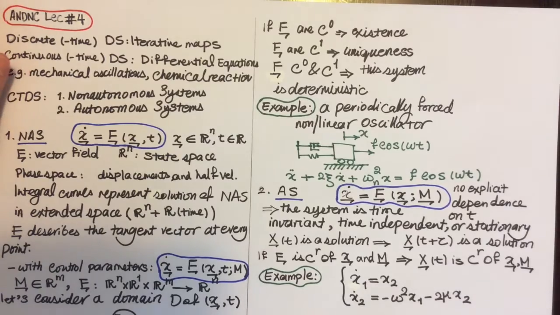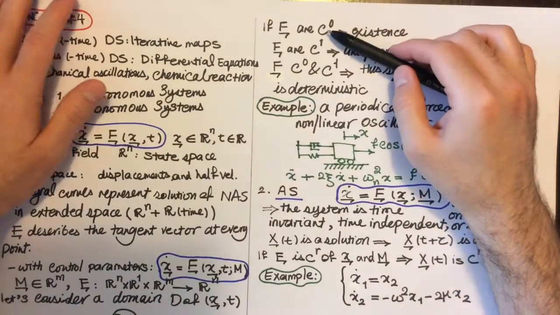Now we have a few more definitions. Let's consider the domain D of x and t. So our domain includes both state vector and time. If f is C0, we have already talked about C0 and C1.